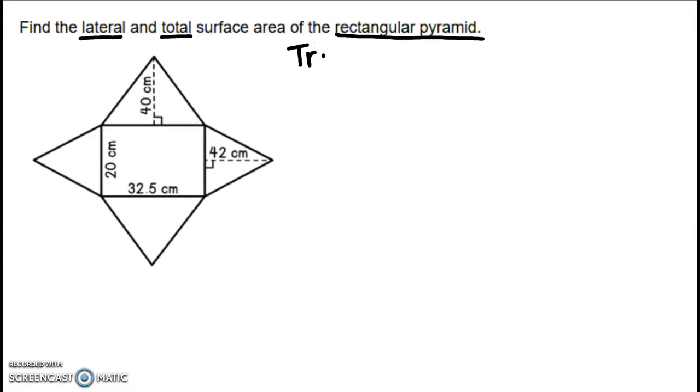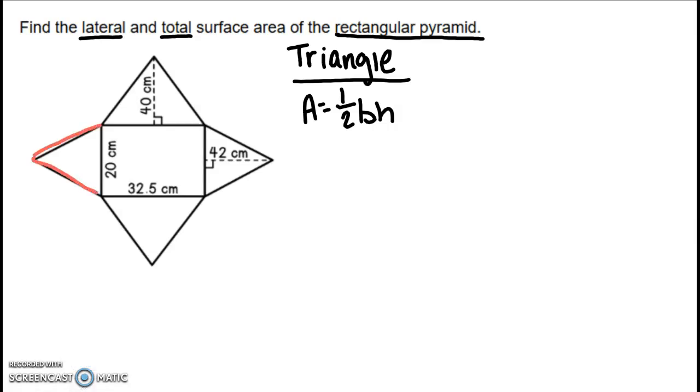So for the area of a triangle, that formula is 1/2 base times height. Now, if I notice, I have two different shapes of triangles. I have this triangle here, which is the same size as this triangle over on the other side.